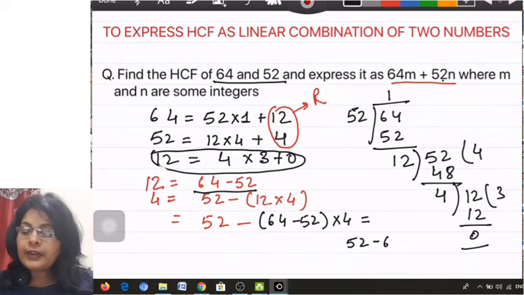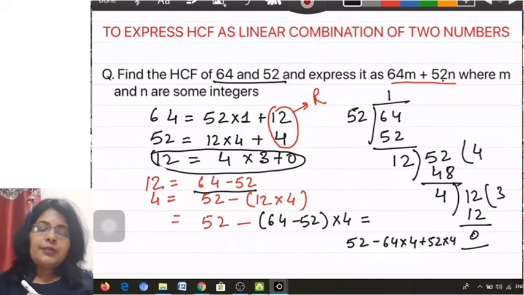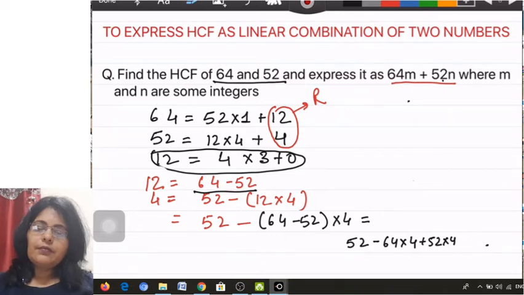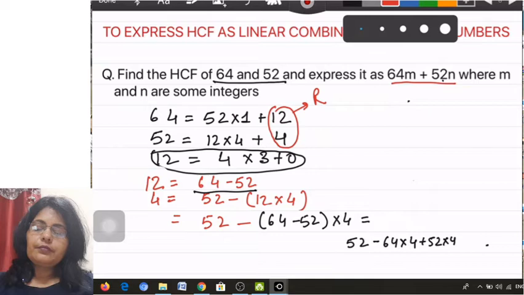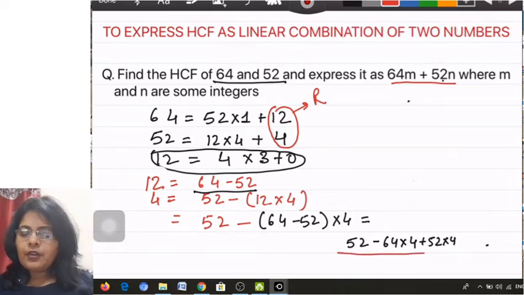We will just write in this way: 64 into 4, and here minus minus becomes plus, it becomes plus 52 into 4. So this was what we have done by putting the value.